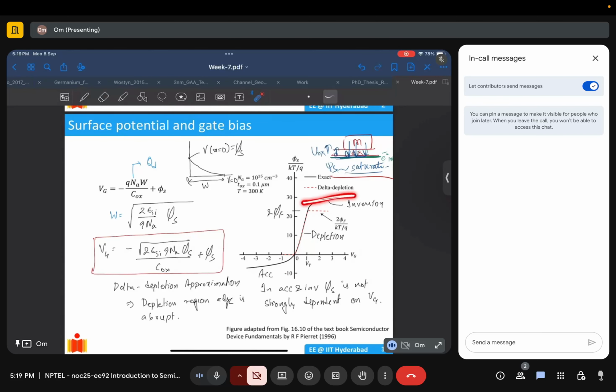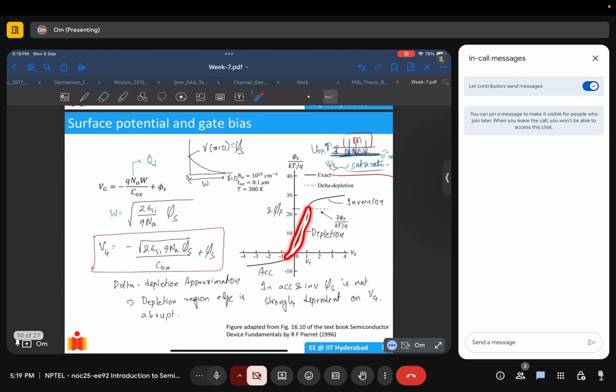In both of these cases, you have a channel of holes, electrons. Here you have a channel of holes, which are shielding. And here only in the depletion, your psi s and Vg are increasing.